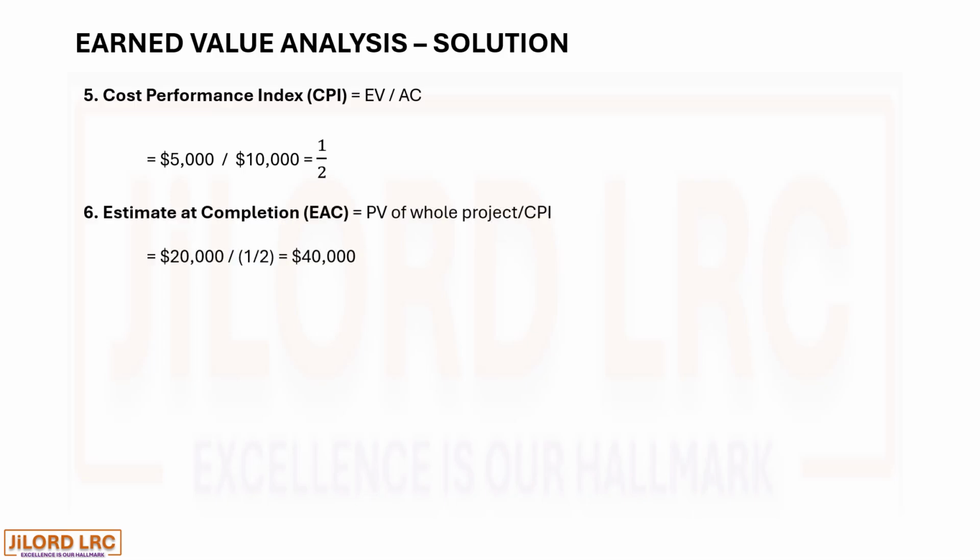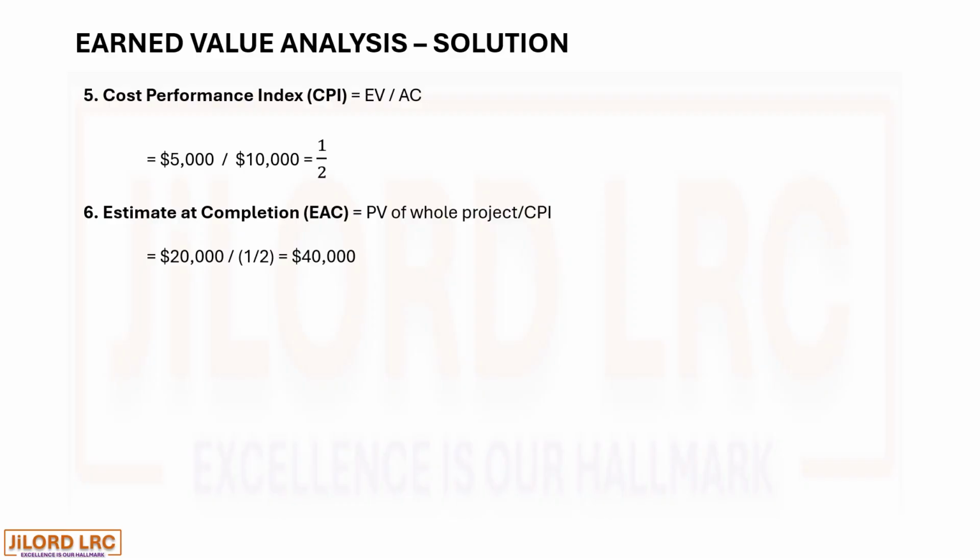6. Estimate at completion is equal to the planned value of the whole project divided by the CPI. So the planned value of the whole project, which is 20,000, or budget at completion, which is 20,000, divided by half, giving us 40,000.